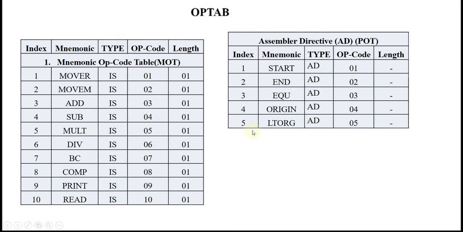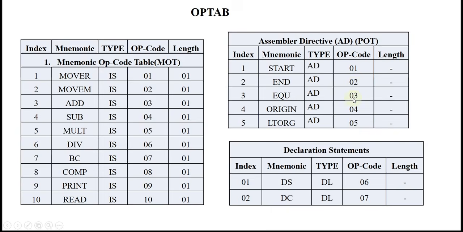Now, the next type of opcode table is the assembly directive or pseudo opcode table, POT. In this, these are the 5 mnemonics which have type AD. AD is nothing but assembly directive, and again we are assigning the opcode as 01, 02, 03.